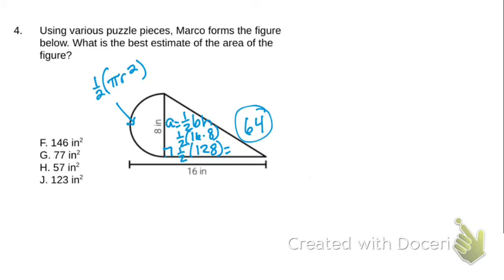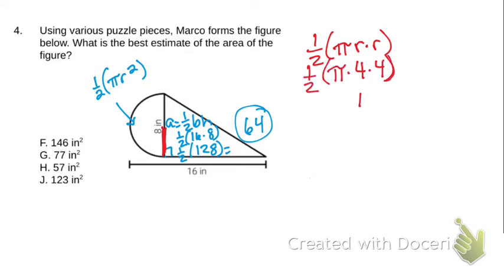Now, my semicircle here, I'm going to change color so it stands out. 1/2 of pi r squared. That means pi times r times r. Okay, now my radius here is not going to be 8. Remember, it's halfway across. Radius is halfway, so it's 4. 4 times 4 times pi, and then 1/2.